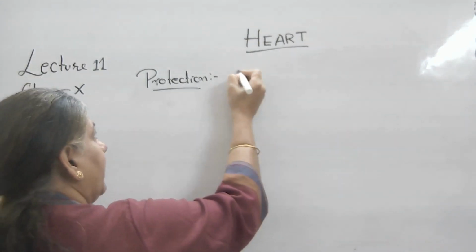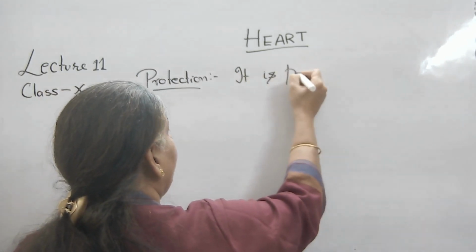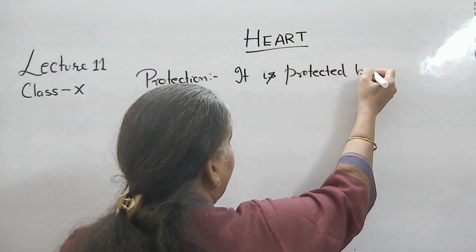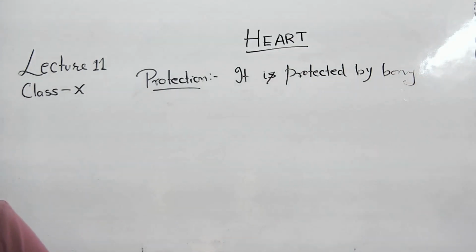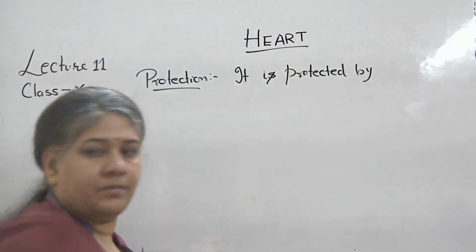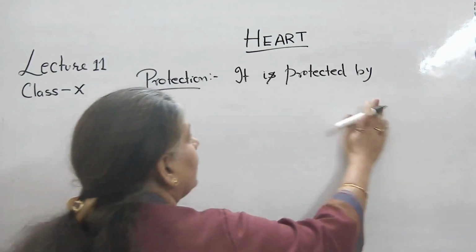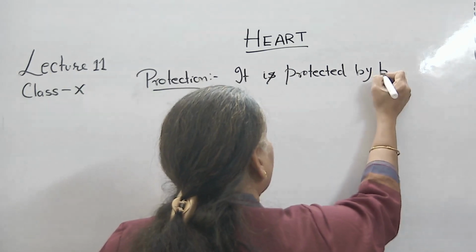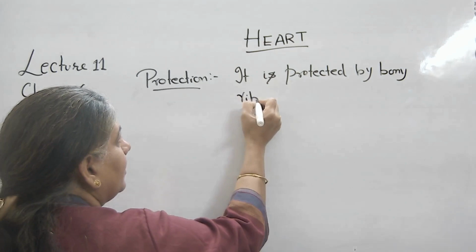First, it is protected by bony rib cage. It's a delicate organ, hence it needs to be protected. Rib cage.